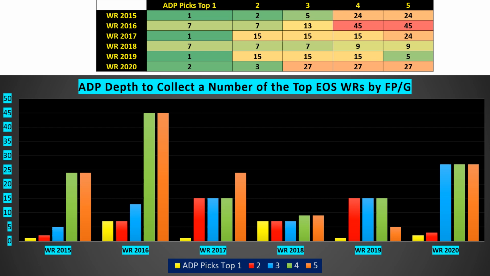So 2 out of the 6 years, your top wide receiver was in the top 7. But most likely it's in the top 1 or 2. Okay, 4 out of 6, right? 66% of the time, they are what the ADP says they are.